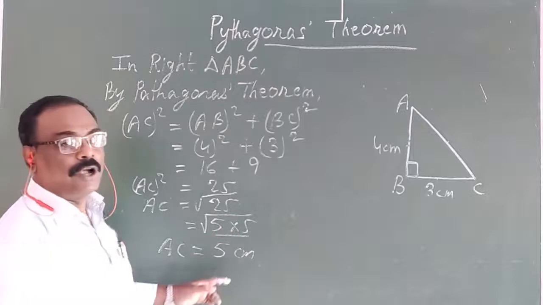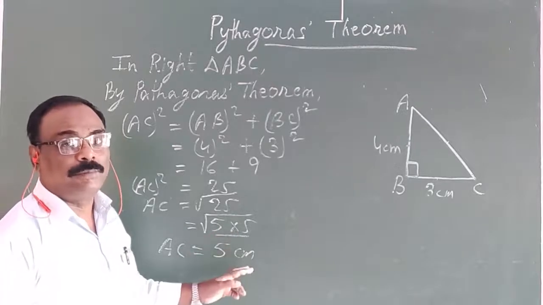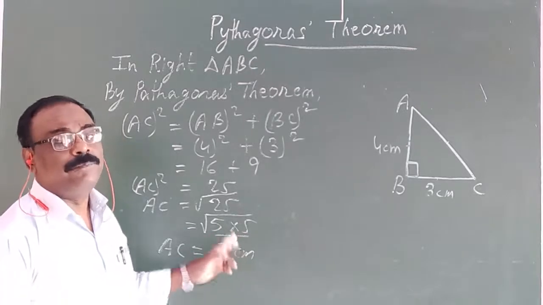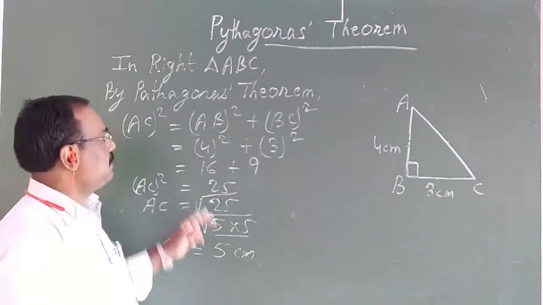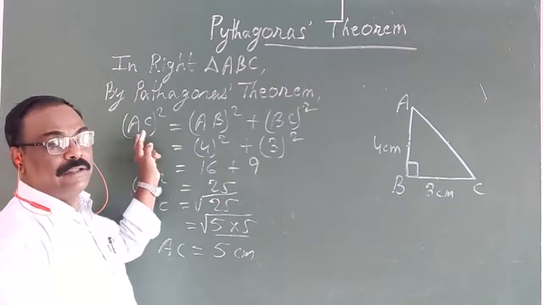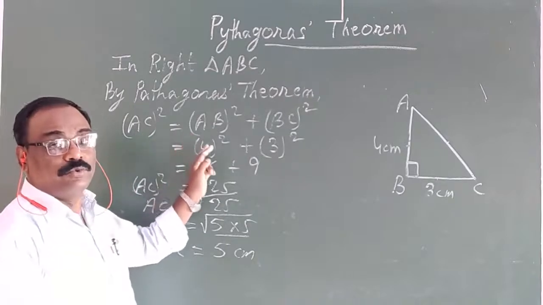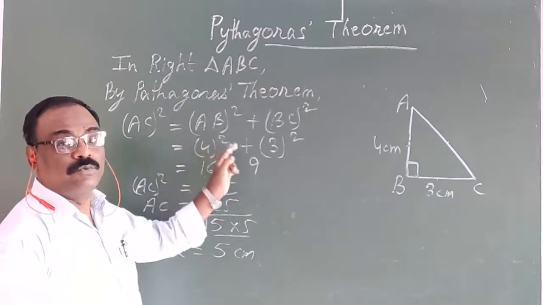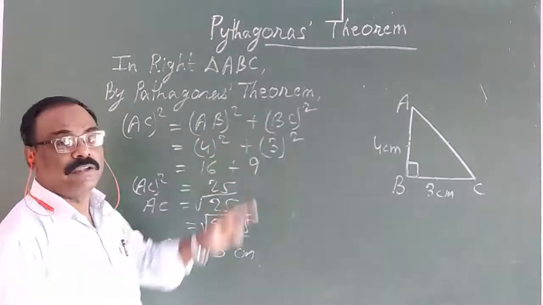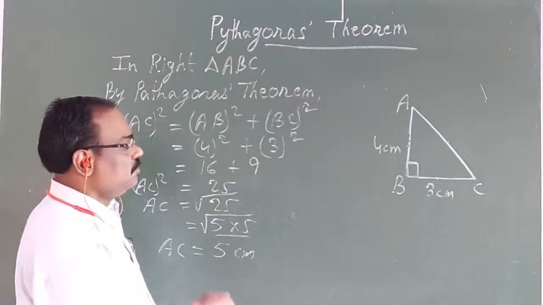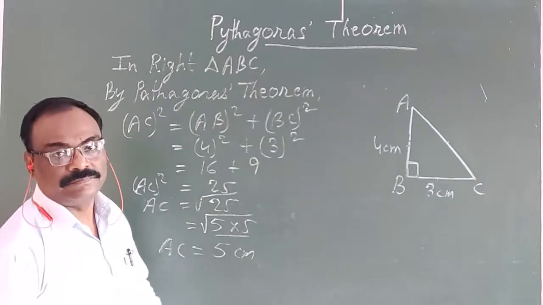So this is how we follow the Pythagoras theorem to find the length of the hypotenuse. As he has stated, the hypotenuse square is equal to the sum of the squares of the other two sides. That is why we have squared the other two sides and we got the answer.